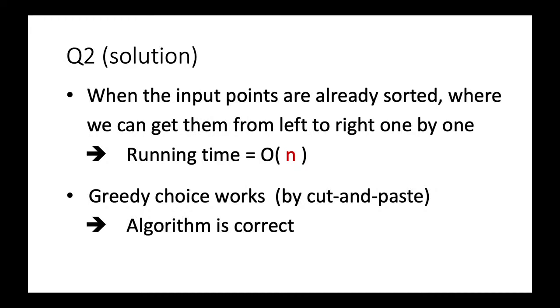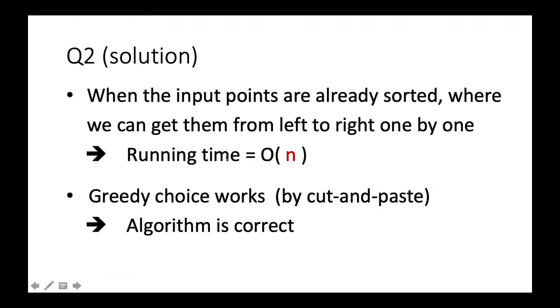So we can decide whether we are covering just 1 point or 2 points in this round. Every time we are removing at least 1 point, so there are n rounds at most. So the running time is order of n, and this will let us know how many line segments we need.